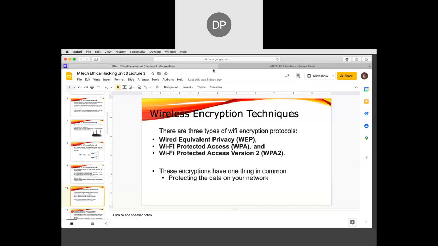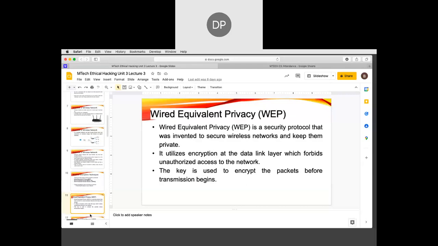So these encryptions have one thing in common, that is protecting the data on your network. Then what about the oldest, WEP? In our syllabus there are so many tools mentioned, and all are leading to cracking WEP passwords.